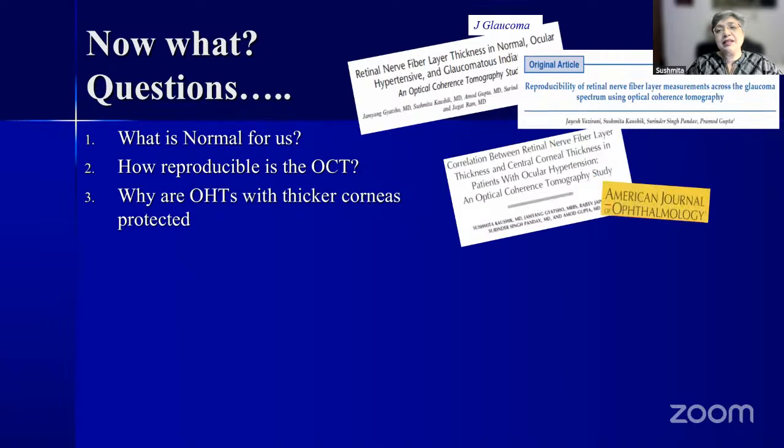Then the third question, at that time, the OHTS had come out. And the biggest thing that we learned was thicker corneas are protected, and thicker corneas don't develop glaucoma as much as the others did. And that was one of the most protective things of the OHTS. So the question was, is it something to do with the RNFL? And we actually correlated both and realized that the central corneal thickness and the retinal nerve fiber layer thickness are correlated very well.